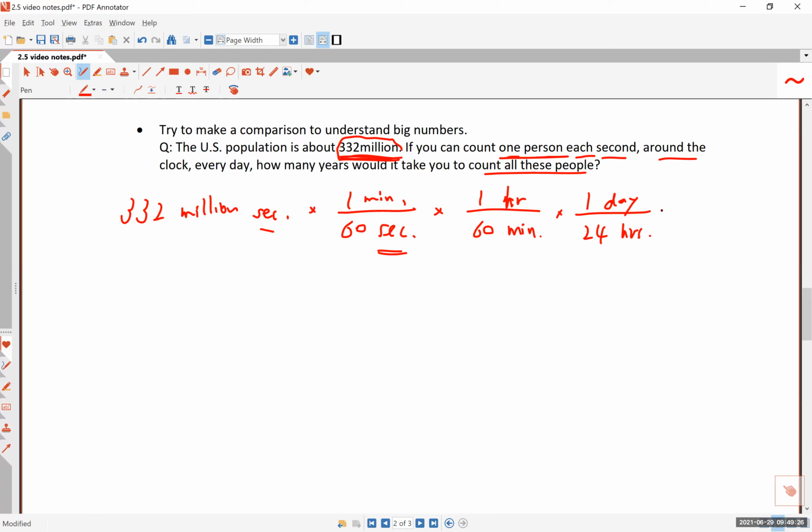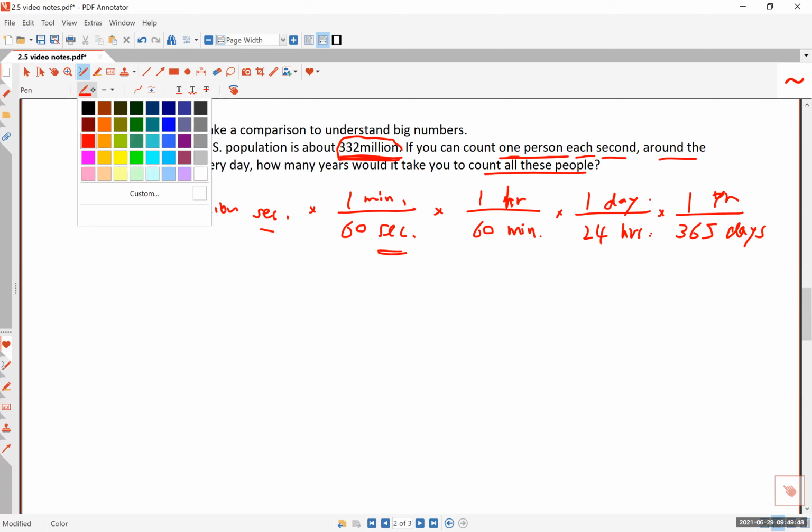Again, all I'm doing is multiplying by a bunch of ones, right? Because 1 day over 24 hours is precisely the 1. The numerator and the denominator are the same. And then you have 365 days, and that should go in the denominator. And 1 year is 365 days.